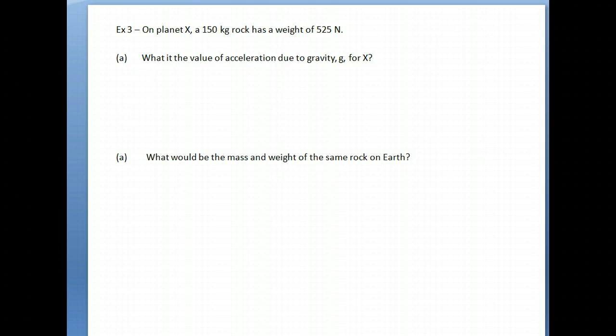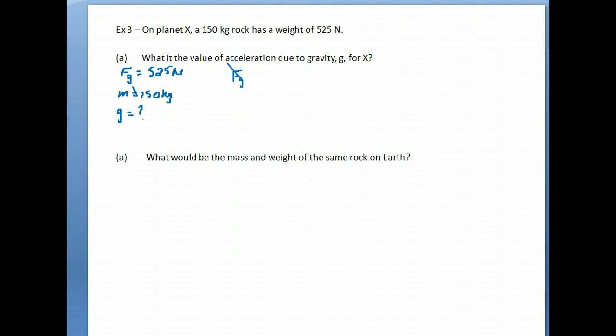Okay, now you've had a moment to go through it. We know the force of gravity on this planet is causing the rock to have a weight of 525 newtons. The mass of the rock is 150 kilograms. And we need to find the gravitational constant. We don't know it.